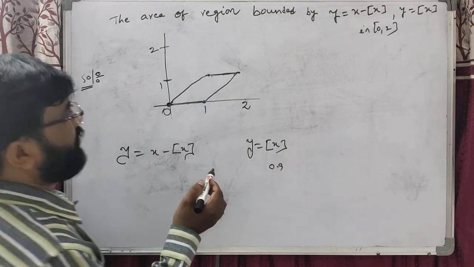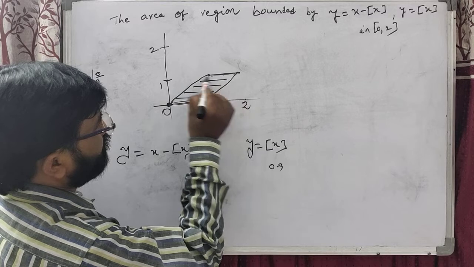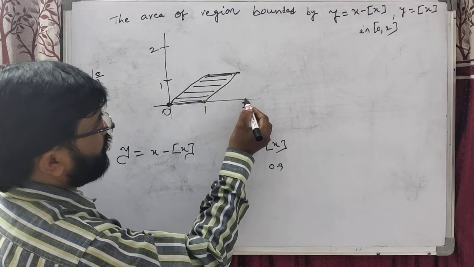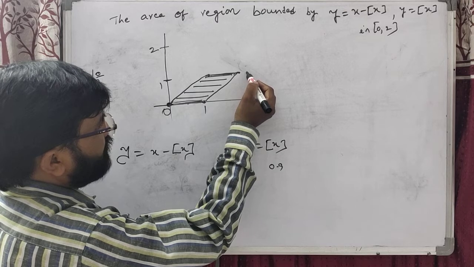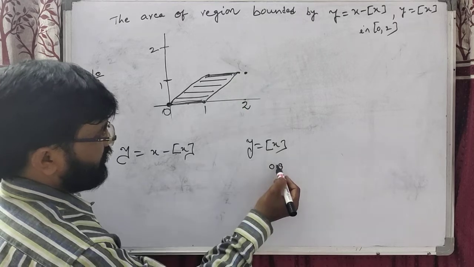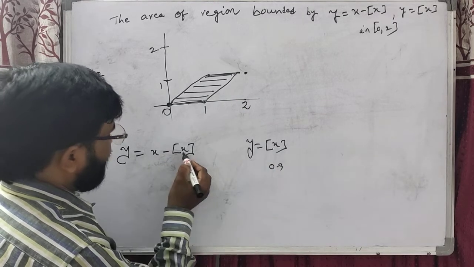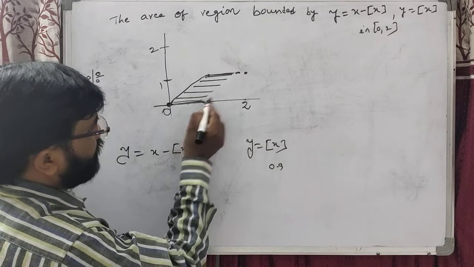Therefore, students, we got this here. When x is 2, it is 2, but 1.9 has step 1. 1.9 for this is 0.9. Undoubtedly we got it like this.